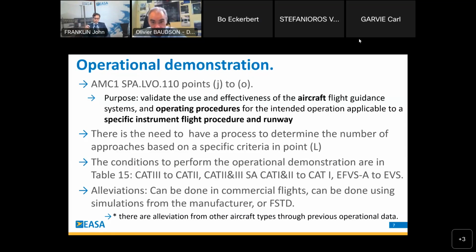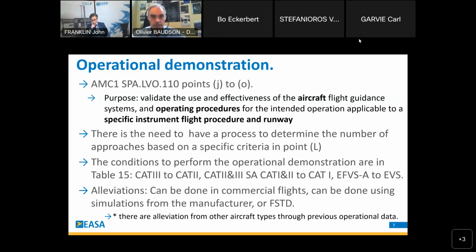So now operational demonstration is not necessarily 100 to start with, and not necessarily only one approach when you need to do an operational demonstration. So it's much more performance-based. And sometimes in some particular runways you may need to go above one approach, but that will be explained a little bit more with Thierry.